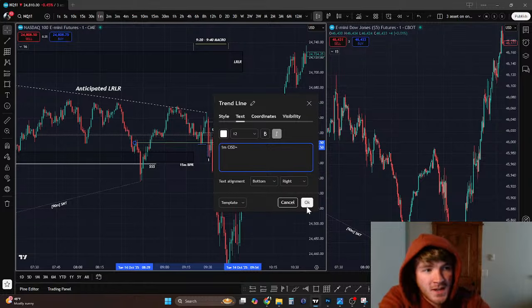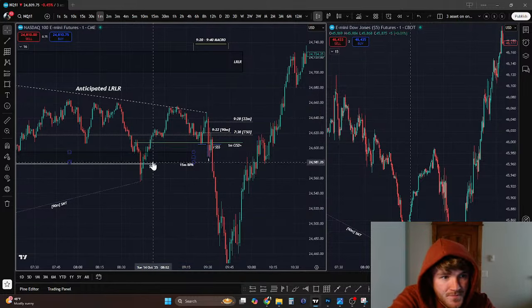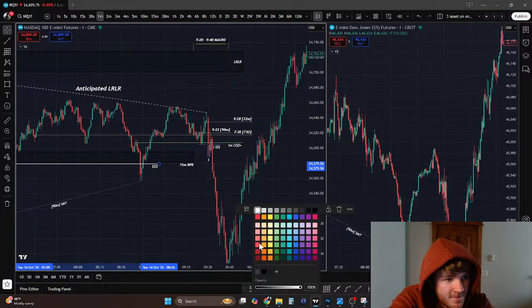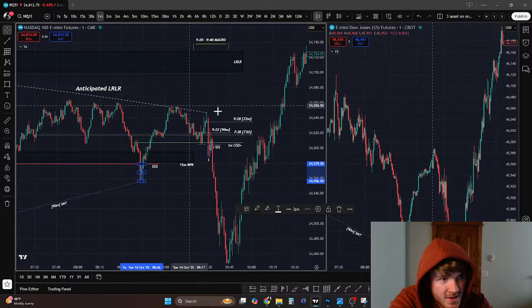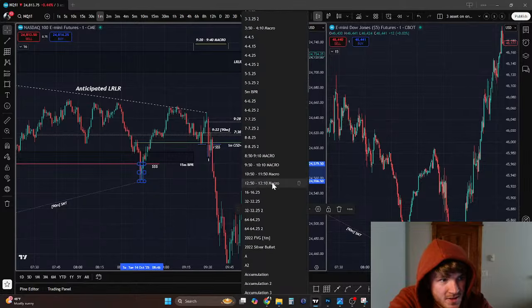And yeah, this once again could have worked out offside because of the more recent SMTs that occurred at these highs against the high resistant liquidity.